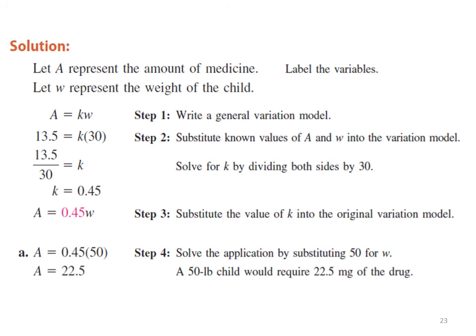The amount of medicine you give to a 60-pound child will be 0.45 times 60. The model is an equation. If you know the amount of medicine and you want to find the weight, just substitute the value for A, the amount of medicine, and solve for W, and that will give you the weight of the child.